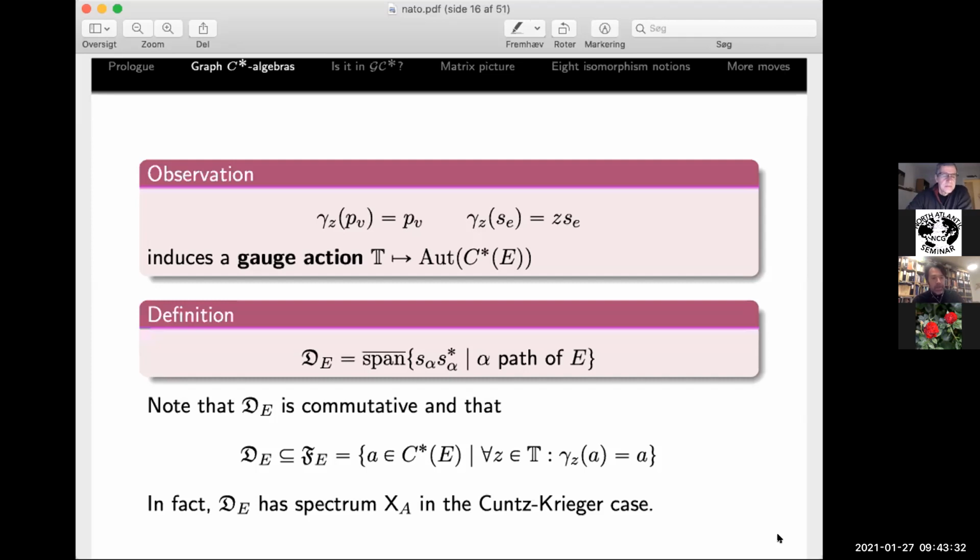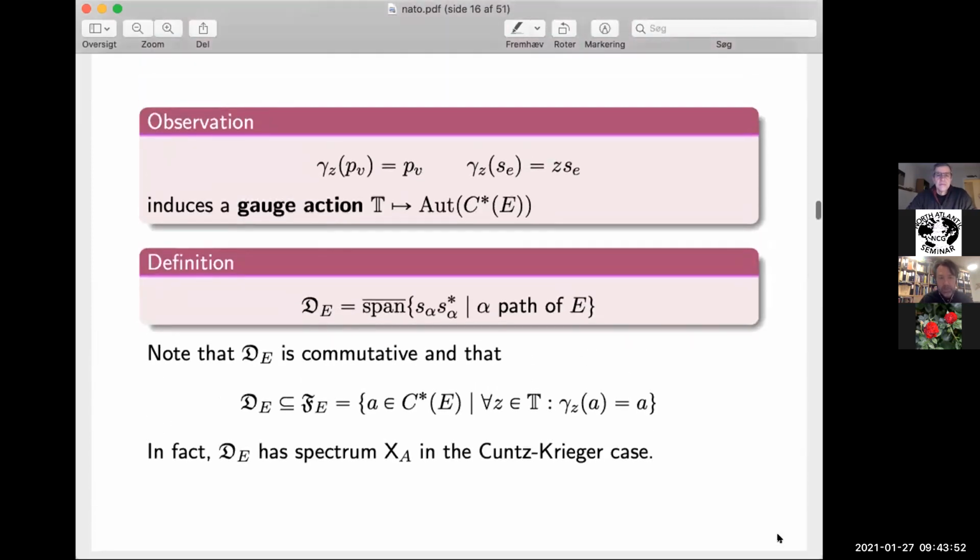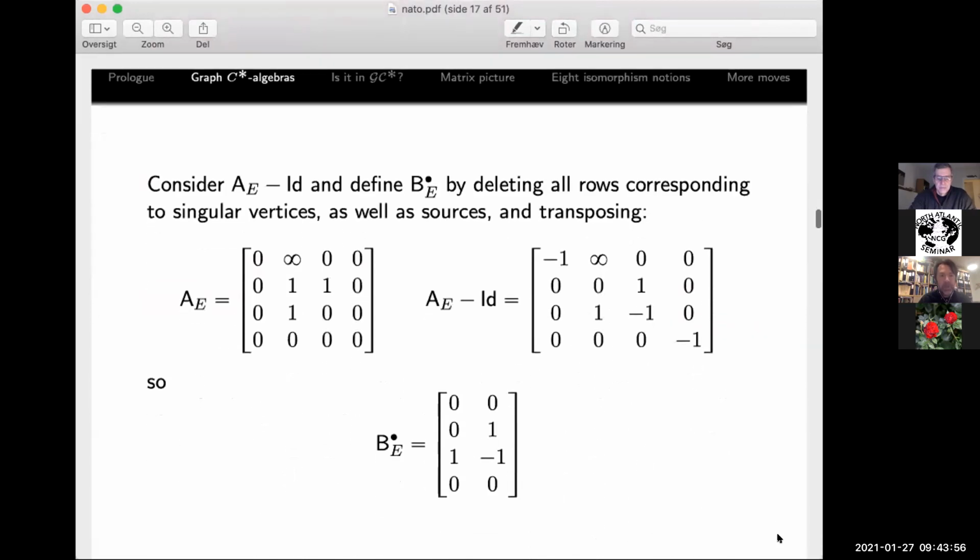And in the Cuntz-Krieger case, its spectrum is precisely the shift of finite type that I described before. So these are natural objects, and this is what I'm talking about when I get to the idea of having natural isomorphisms that also preserve underlying structure. And am I right to assume that for you a path is a finite path? Yes, finite path. Thank you.